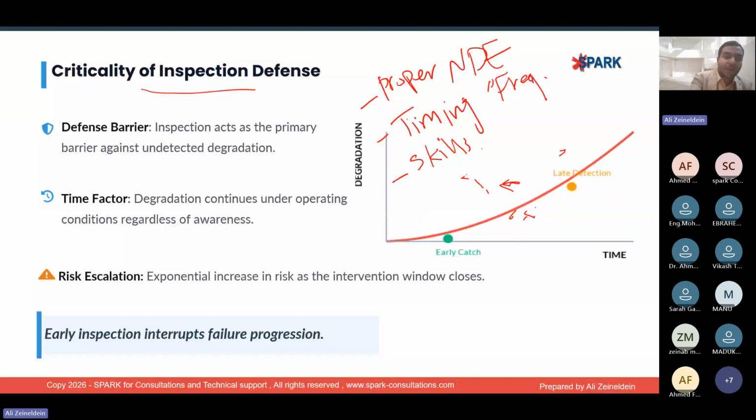So early inspection will interrupt failure propagation.